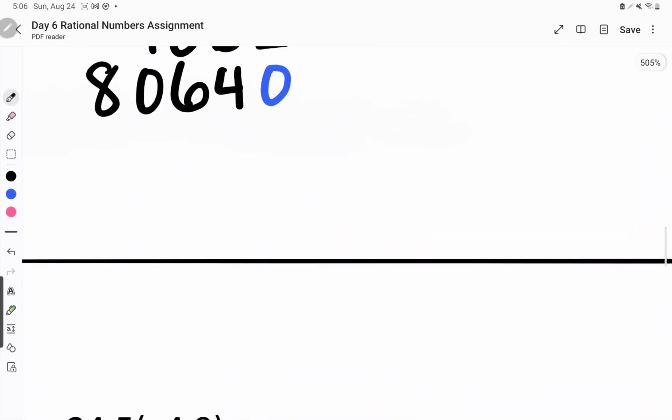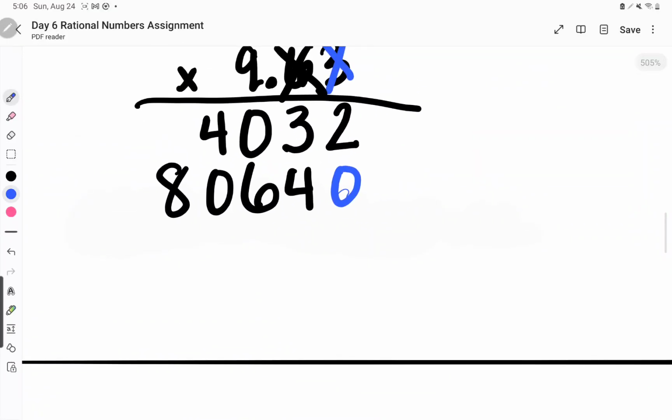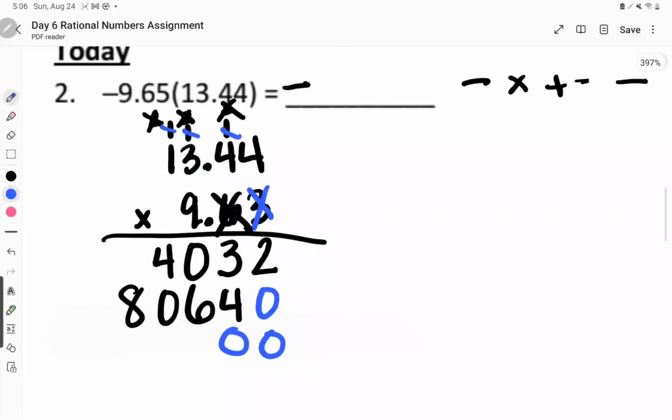When I get to my third row, how many zeros do I add? I add 2 zeros on my third row. So now I have 9 times 4. 9 times 4 gives me 36, so I write down a 6, and I carry my 3. I'm actually going to erase both of these. I carry my 3. I have 9 times 4 again. 9 times 4 is 36, and then I add my 3, which gives me 39.